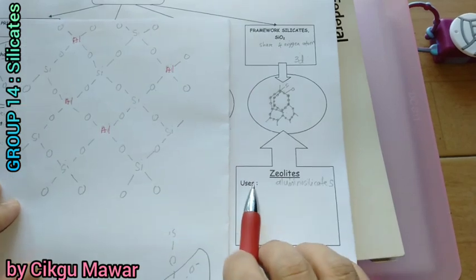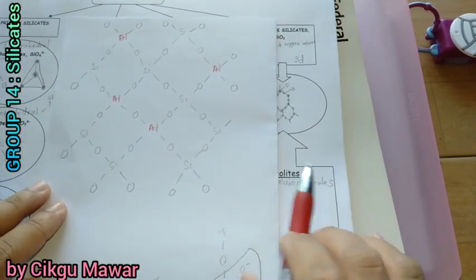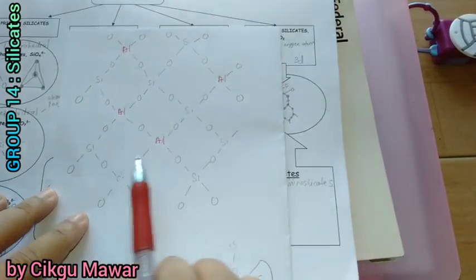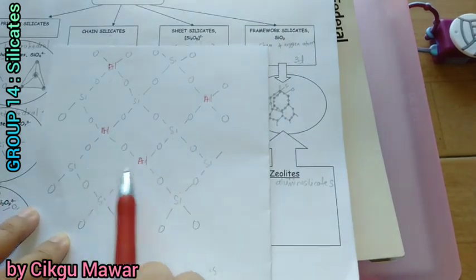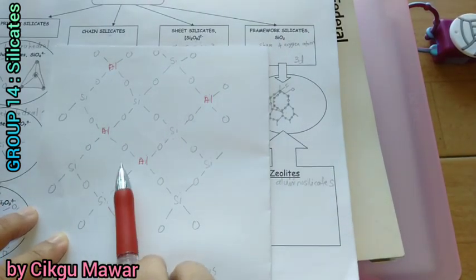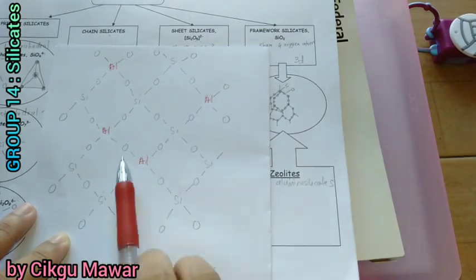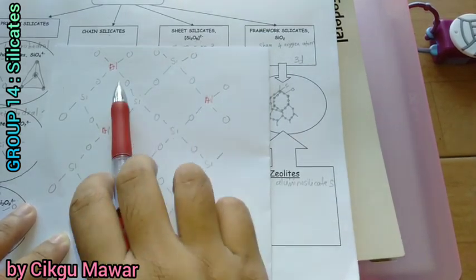So what are the uses of zeolite? If you can see here, the aluminosilicate or zeolite structure has pores or cavities.